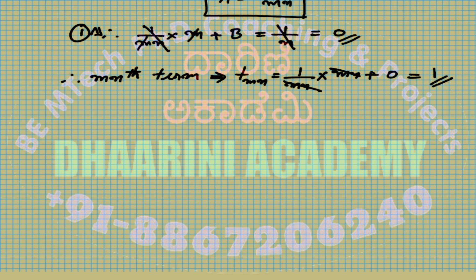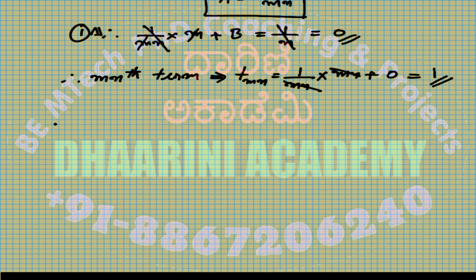This is approach number 1. I'll tell you another approach which you can try by yourself later. This is method 2, optional. Assume the starting term is a and the common difference is d, so the general term Tk is equal to a plus (k minus 1) into d.